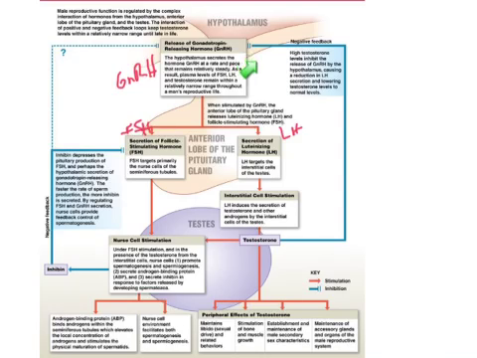Well, it's always in circulation, but high levels in circulation shut off GnRH. And so when GnRH is turned off, the levels of LH reduce and the levels of testosterone come back down. And then once the levels of testosterone drop, this inhibition is removed, and you can maintain a stable level of testosterone that way.